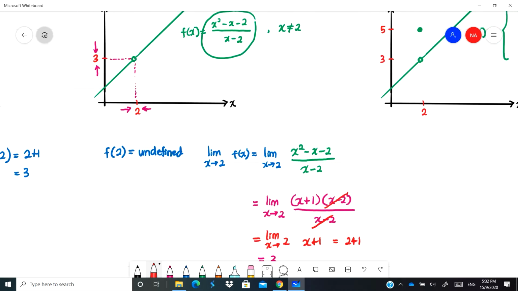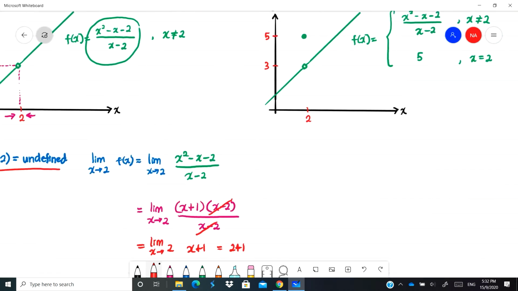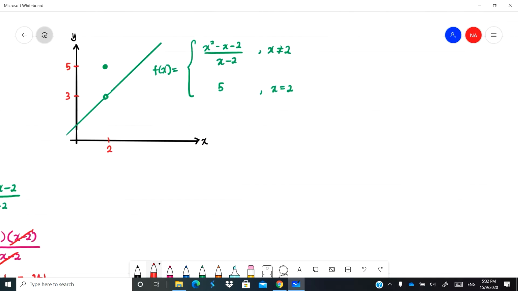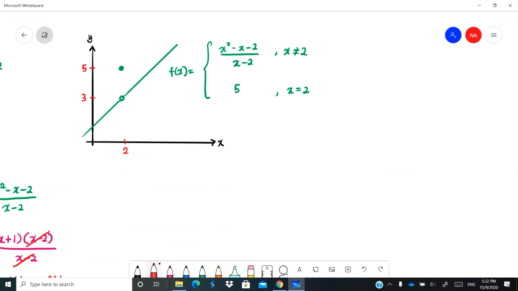Even if the function is not defined there, you can find the limit as x approaches that value. So what if you have this kind of function? This is a piecewise function. You will also be learning this in the next subtopics in this chapter. But never mind.